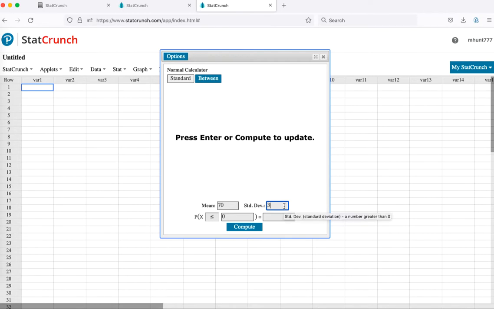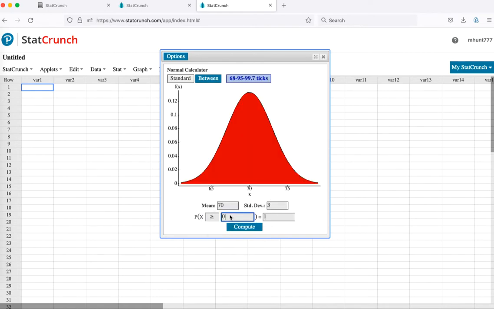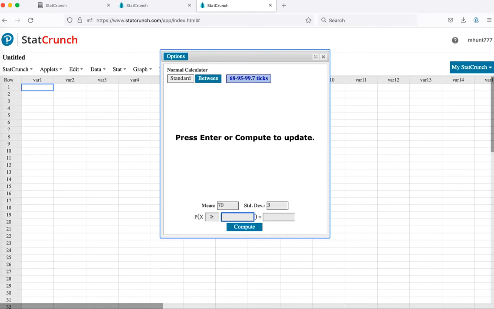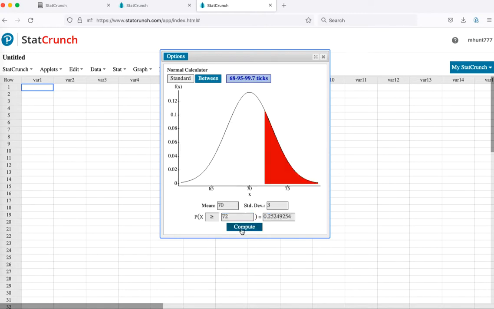Now, the first question asked, what percent of adult males have a height more than 72 inches? So we're going to change this less than to a greater than, and we're going to enter 72 inches. Okay. So there you have it.